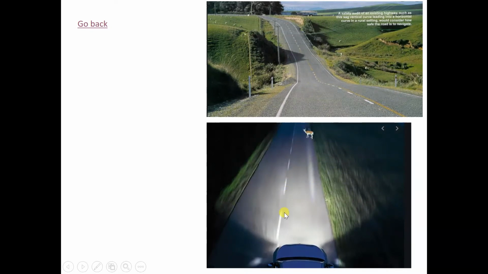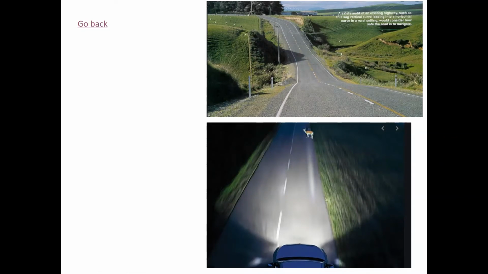If you go up the hill or go down the hill, the sag curve lets you see any hazard, any animals crossing the road.